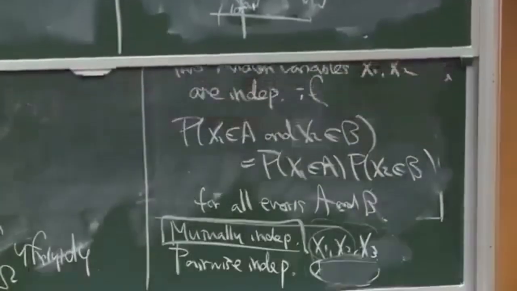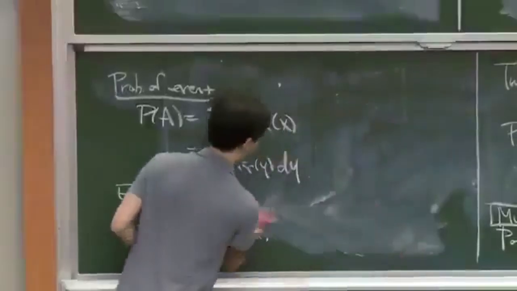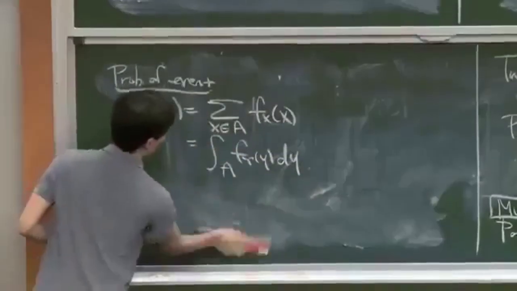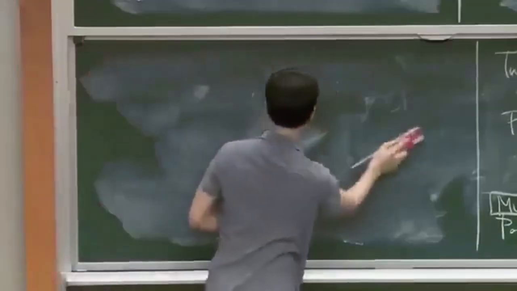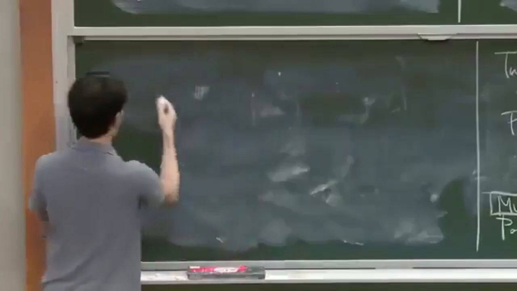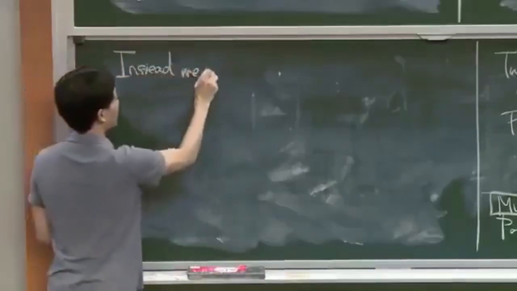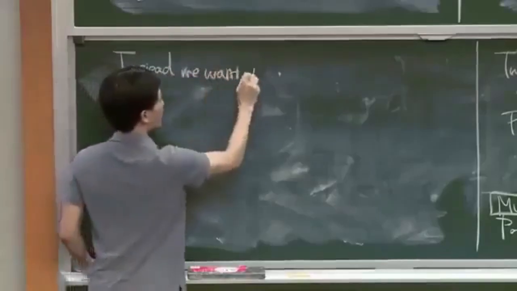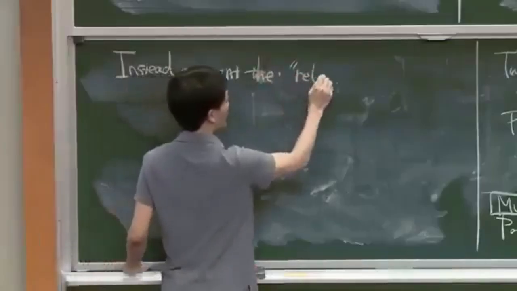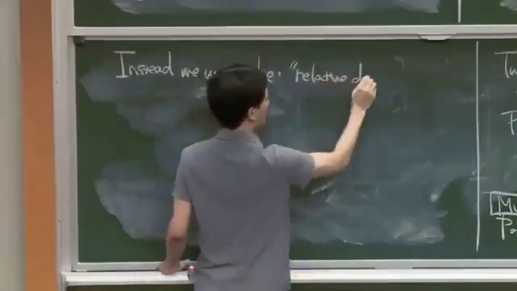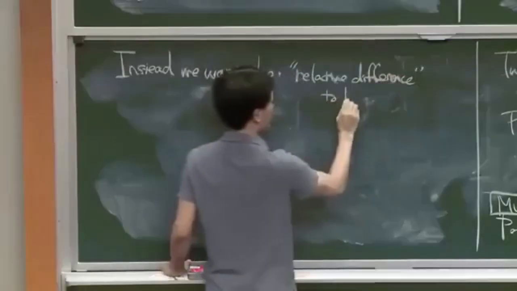But still, we can use normal distribution to come up with a pretty good model. Instead, we want the relative difference, that is the percent change, to be normally distributed.